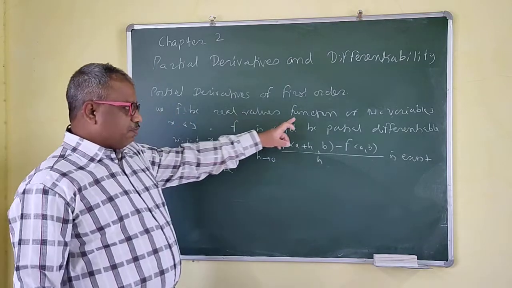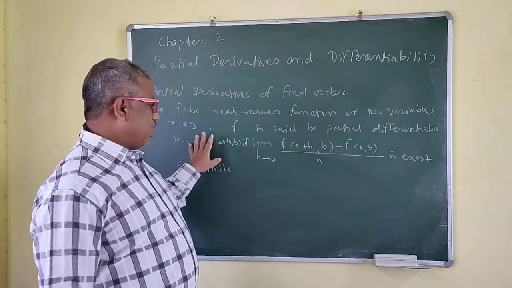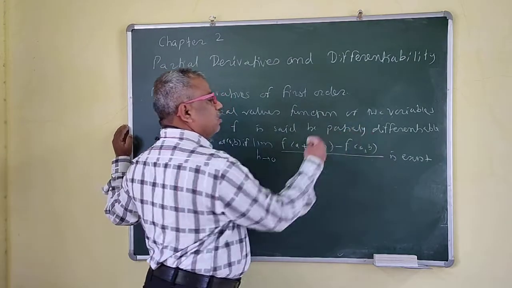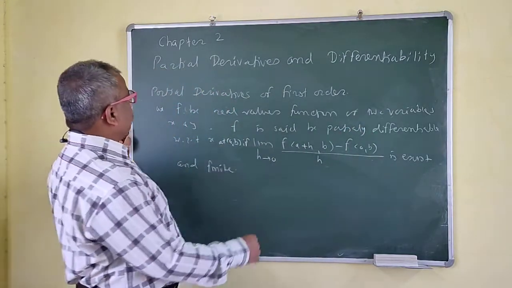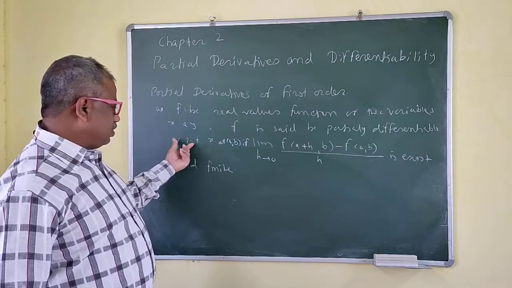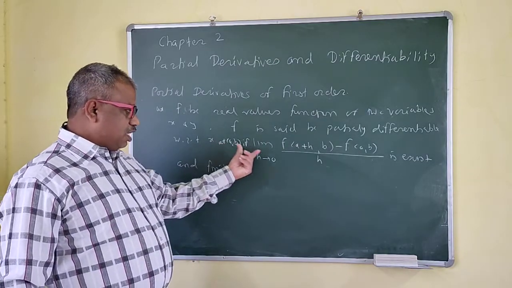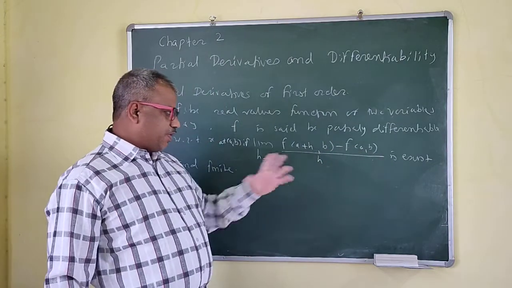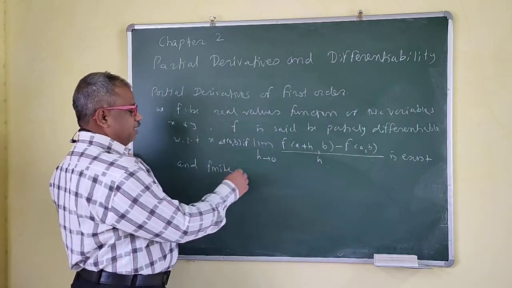So f is a real valued function of two variables x and y. F is said to be partially differentiable with respect to x at (a, b) if the limit as h tends to 0 of [f(a + h, b) minus f(a, b)] upon h exists and is finite.